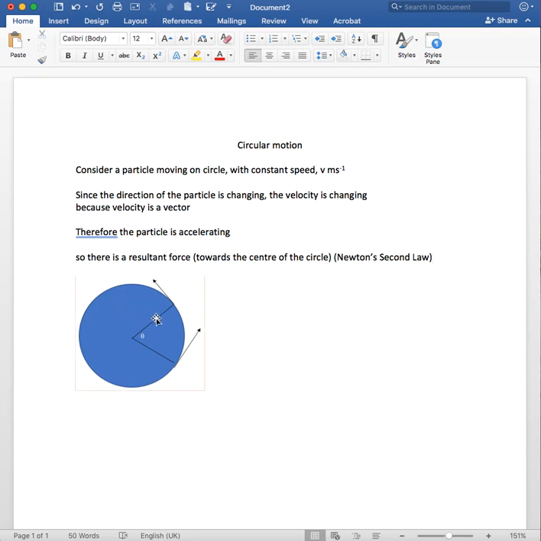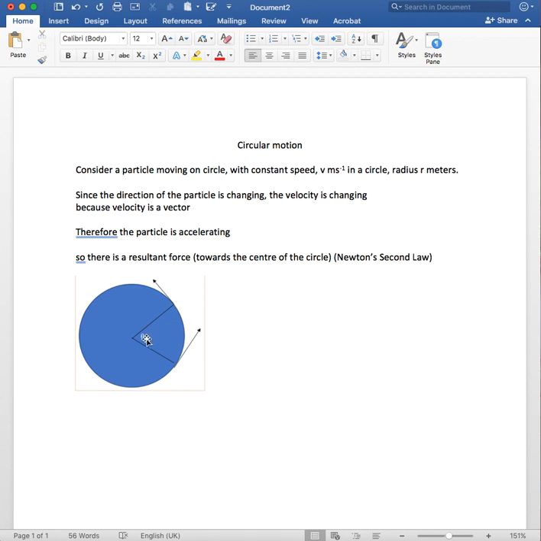So here we have our circle. I've managed to mark my radius in as r. So we have a circle, radius r meters.